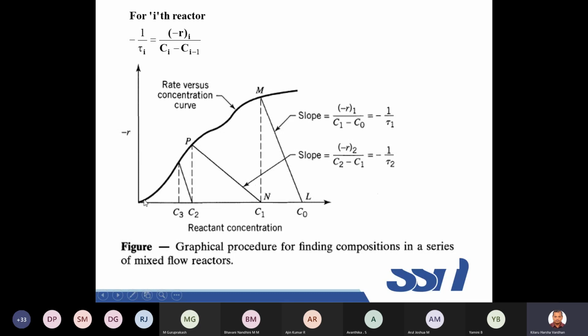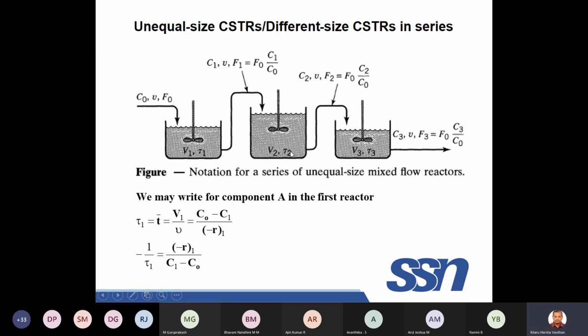You are doing some experiment and trying to find out the curve. Let the curve be this solid line. Now, how do we find the compositions? How do we find the composition of the outlet streams coming out from the reactors?